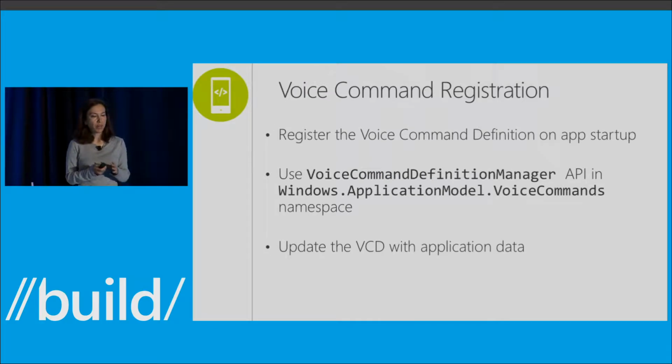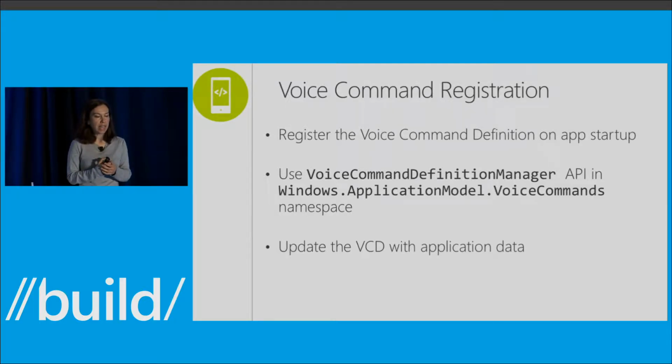Once you have the voice command definition XML, you have to register that with Cortana. To do so, you invoke the Voice Command Definition Manager API. This is part of the Windows.ApplicationModel.VoiceCommands namespace. This is a new namespace that we've added in Windows 10, which has the APIs required for Cortana integration.